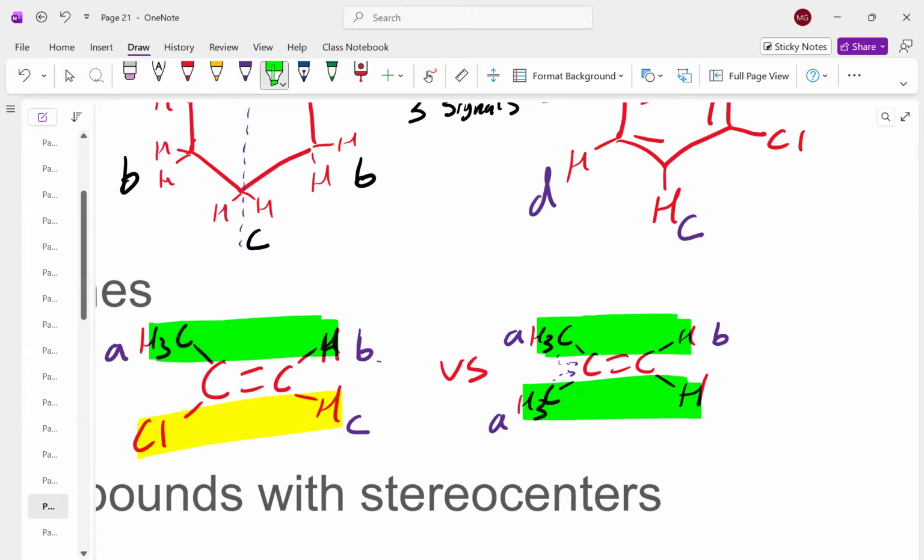The bottom one's looking at the exact same thing, a methyl group. And so in this case, even though the rotation around that double bond is restricted, they're both equivalent because they both see the same thing. They both see a methyl group. And so they are this time equivalent to each other. So this one would have two signals.